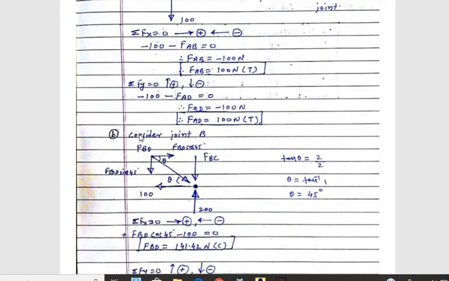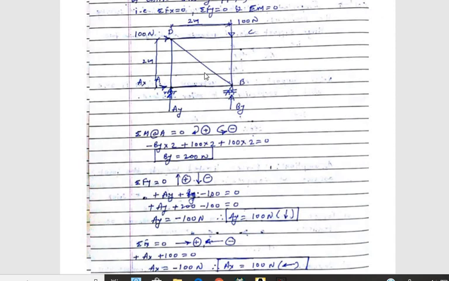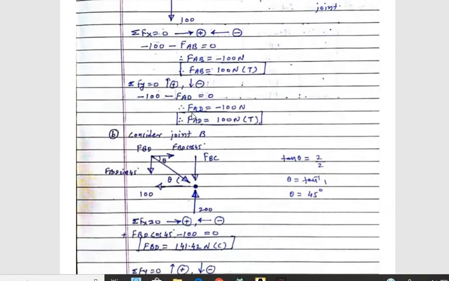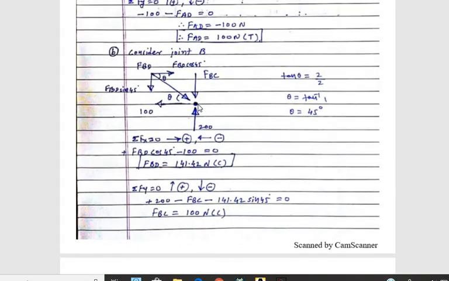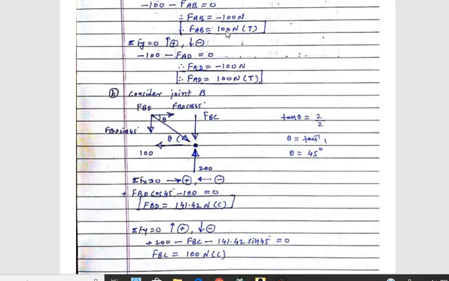Now consider joint B. Why joint B? See, where is joint B? There are 3 members, 1, 2, 3. Out of these 3, 2 are unknown: BC and BD. For AB, you have just calculated the force in member AB. This AB you have calculated as minus 100.